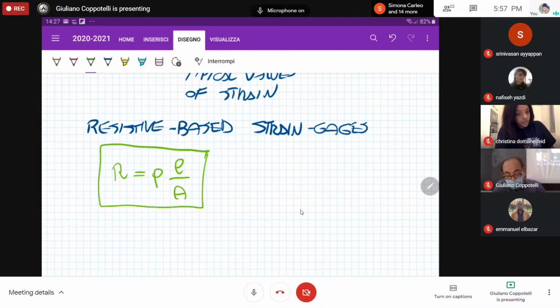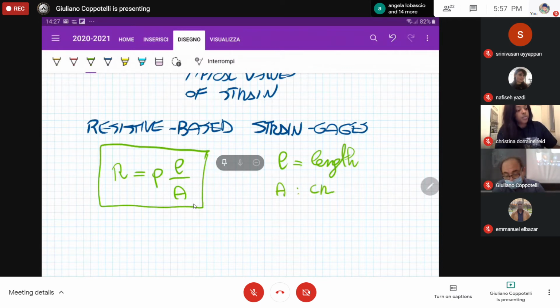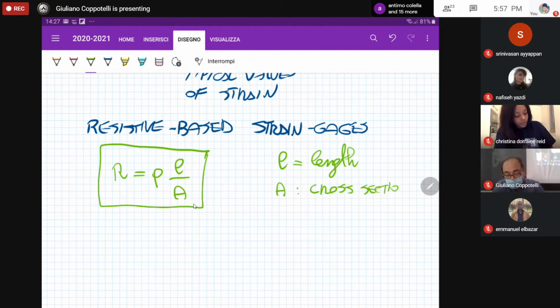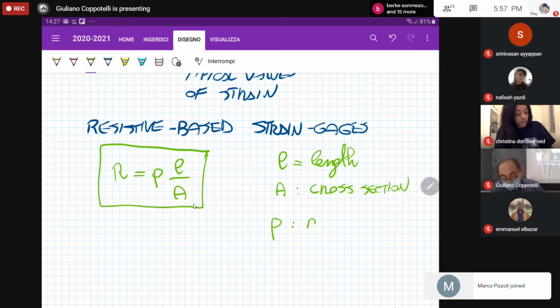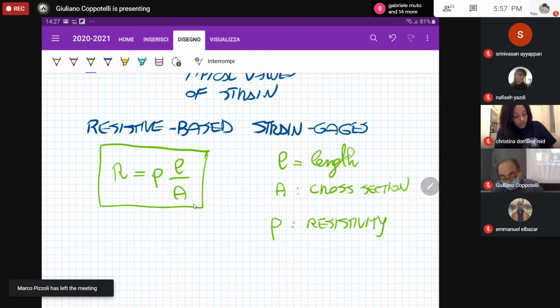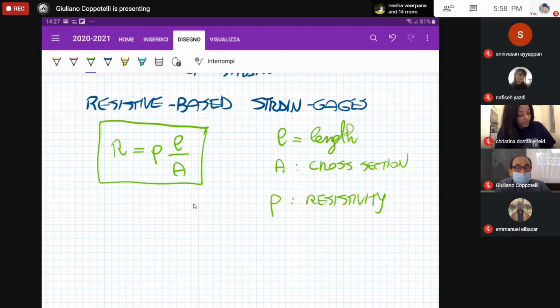In which L is the length of the wire, A is the cross section of the wire. Rho is called the resistivity of the wire. Okay. Now, the idea is that we bond this wire, characterized by a reference electrical resistance, to the structure. Then we apply an external load to the structure.